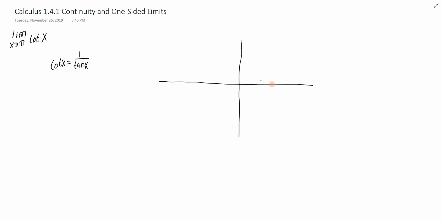So if we graph out cotangent of x, or 1 over tangent of x, I found that if we just mark this important value here of pi, because that's what we're looking for, the limit as x goes to pi, what ended up happening was I got a function that looked like this. It went down here, and then at pi over 2 it reached 0, and then it changed and it went like this.